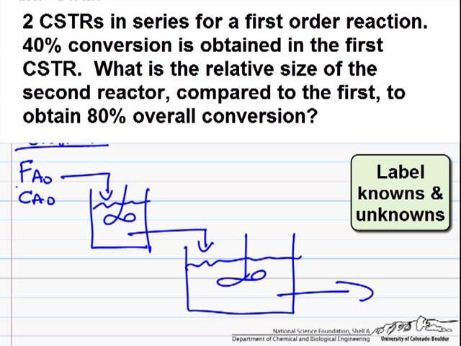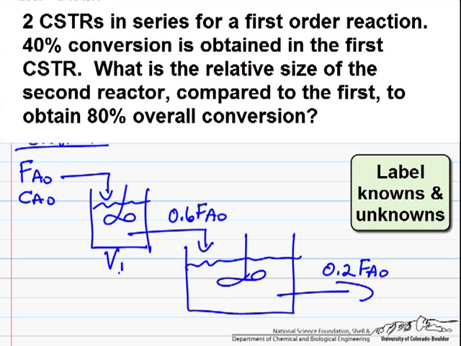F sub A0 is a molar flow rate coming in. If the conversion is 40%, 60% is unreacted, which means the flow rate of A here is 0.6 of the inlet. We want the overall conversion to be 80%, so the flow rate here is 0.2.